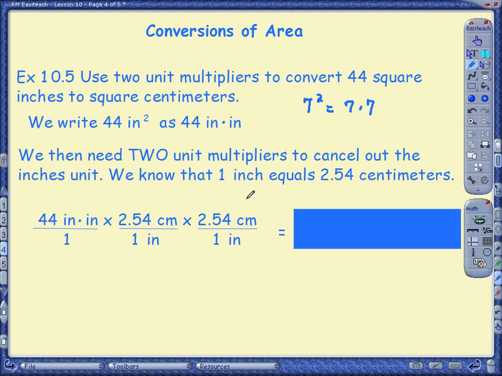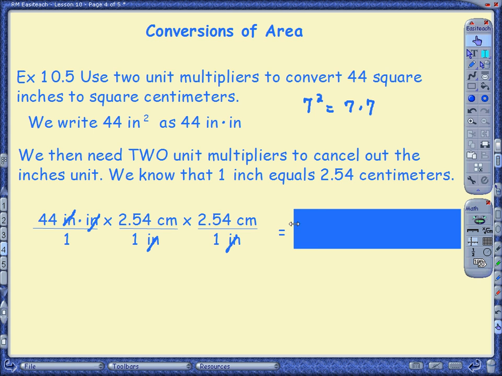We then need 2 unit multipliers to cancel out the inches unit. We know that 1 inch equals 2.54 centimeters. Remember, if we have inches in the numerator, our inches have to be in the denominator in the unit multipliers. This will cancel this inches, this will cancel this inches. We have nothing but ones in the denominator, so we can omit the denominator.